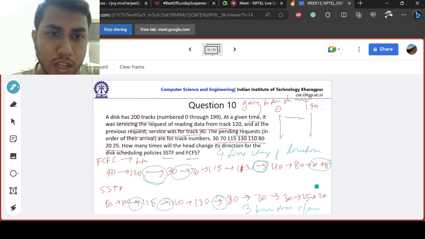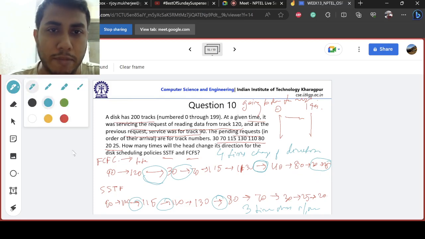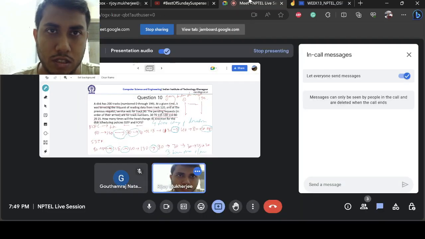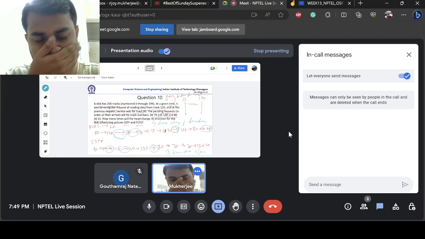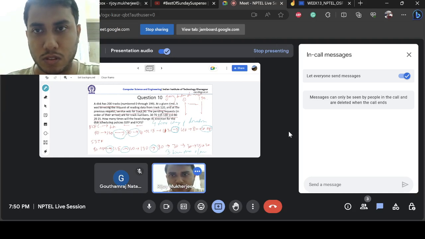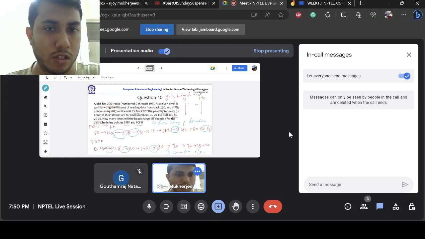So for SSTF, you have four times change of direction, and for FCFS, you have three times. Okay, so the correct answer is four times and three times respectively.